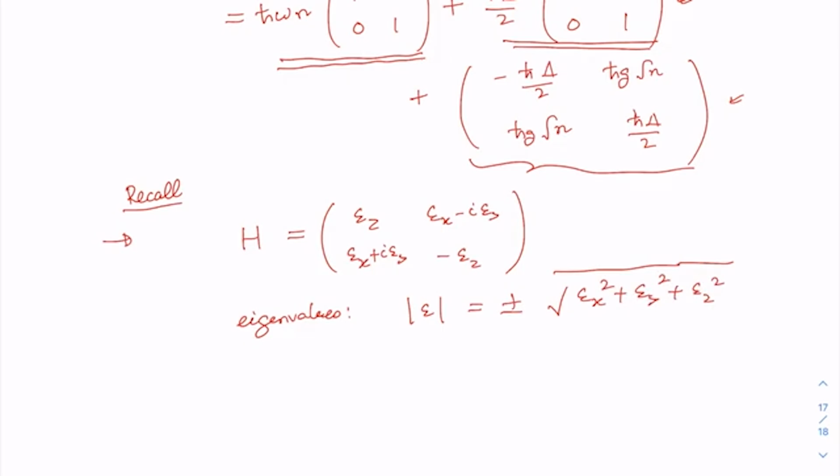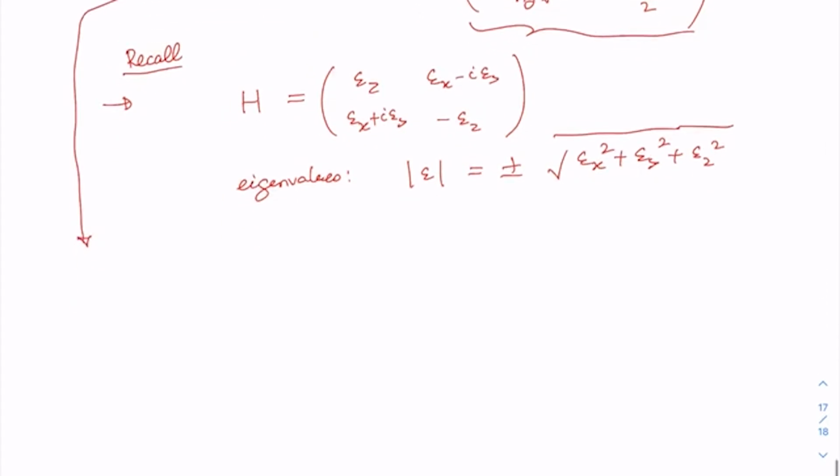So let us use this result directly for this particular part in the Hamiltonian. Let me write it separately here: h cross minus delta by 2, h cross z root n, h cross z root n, and h cross delta by 2.